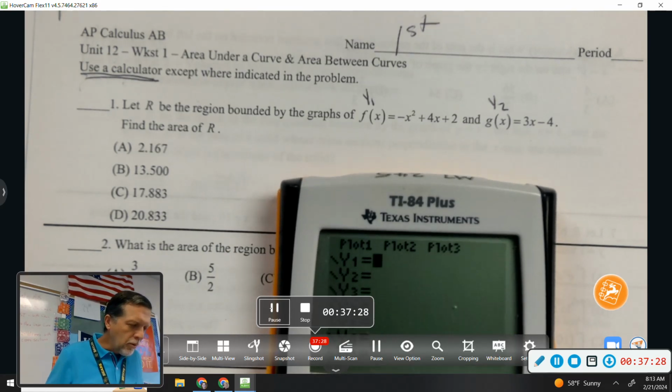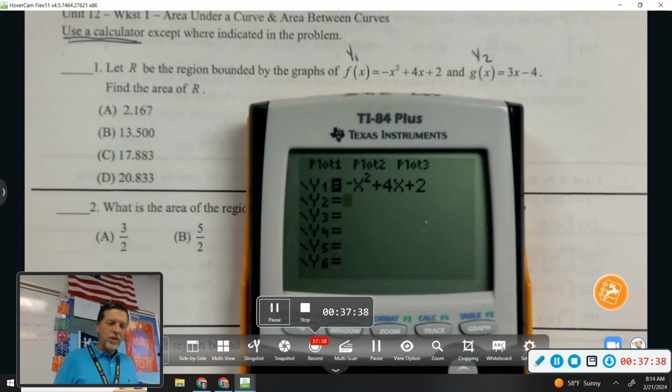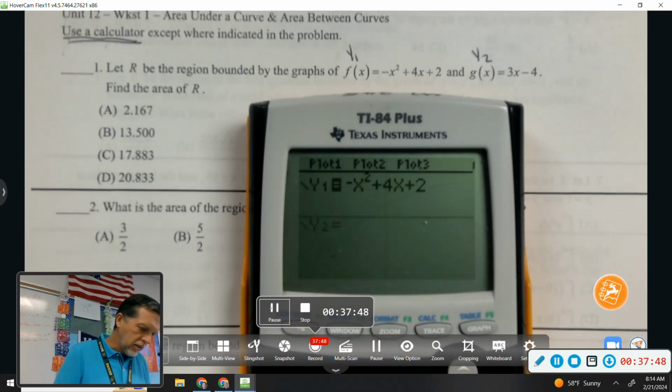One's a parabola, one's a line, so I should be able to tell pretty easily which one's which. But if you're worried about telling which one is which, then you can graph them one at a time. Like graph the first one, and sure enough, there's a parabola. I might need to see more than that, but let's graph the other one.